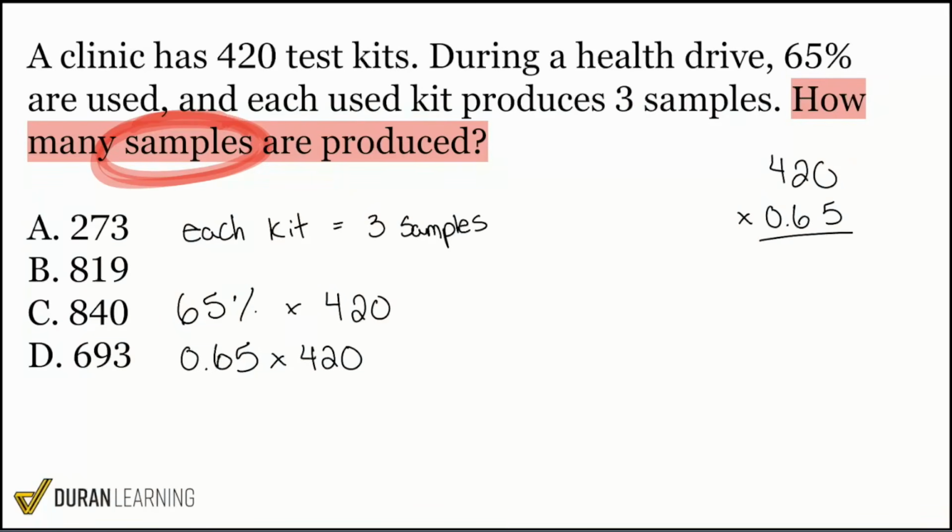So we have 0 times 5, then 2 times 5 is 10 and carry the 1. 4 times 5 is 20, carry the 1 is 21. Next up, we'll place that 0 right there and we'll continue. So we'll have 0 times 6, and that'll be 0. Then from there, we'll have 2 times 6, which will be 12, carry the 1. 4 times 6 is 24, carry the 1 is 25.